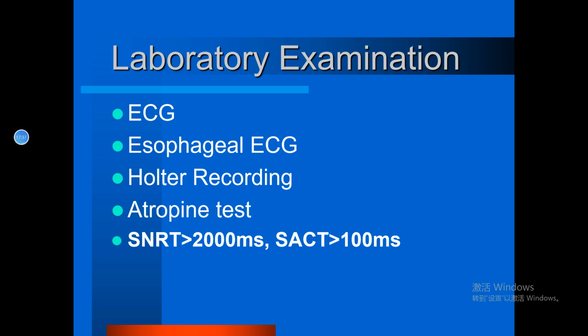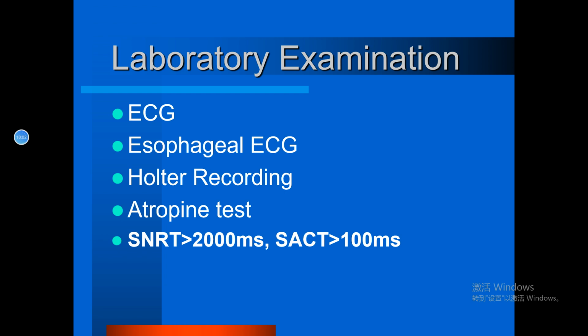If the ECG shows sick sinus syndrome when a patient has syncope, we can determine that sinus arrest or sinus bradycardia caused the syncope. So that means the patient should have a pacemaker implanted immediately.